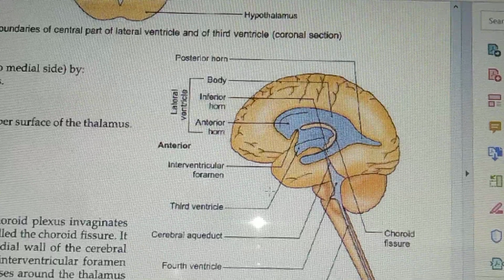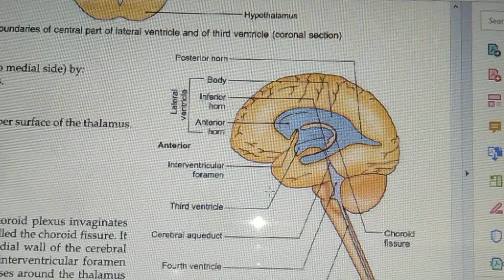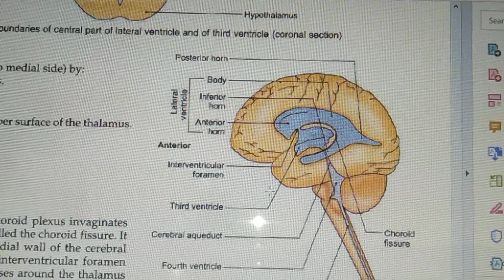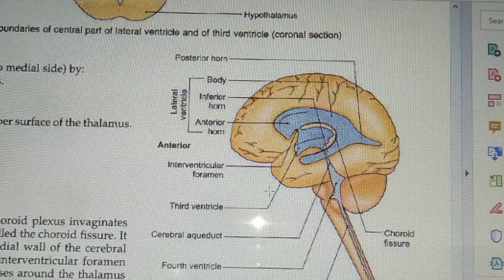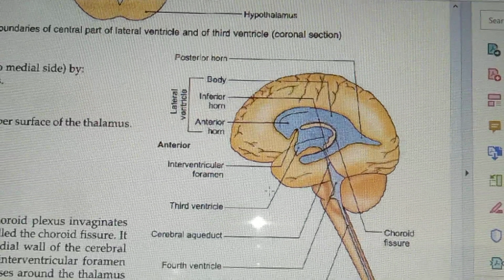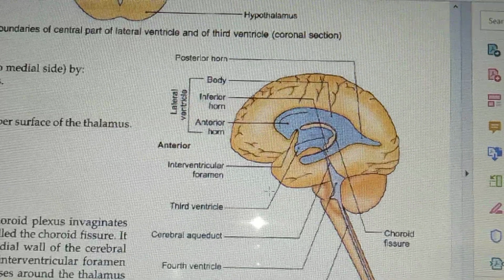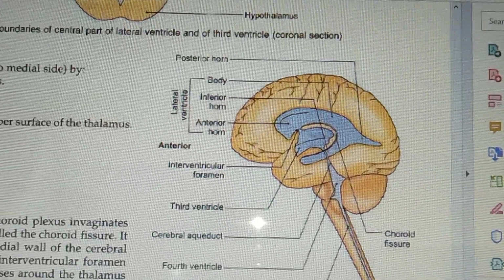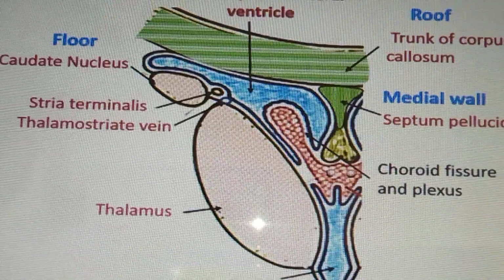In the central part of the lateral ventricle, the choroid fissure is a narrow gap between the edge of the fornix and the upper surface of the thalamus. The gap is invaginated by the choroid plexus. Again, we will try to understand more.